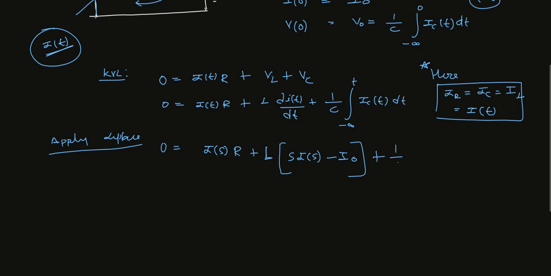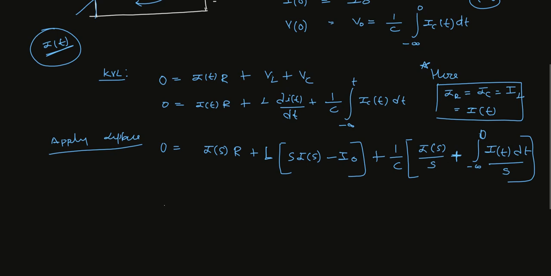Plus 1 by C times the Laplace transform of the integration, which is I of s by s, plus, for the capacitor, the initial condition: the integral from minus infinity to 0 of I of t dt divided by s. So this is the initial condition of the current.